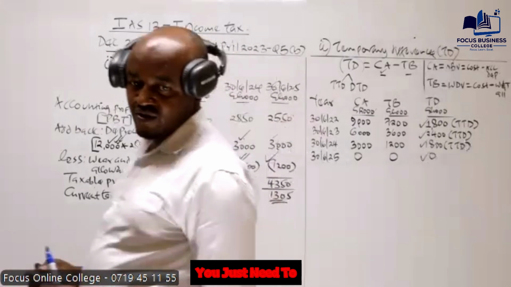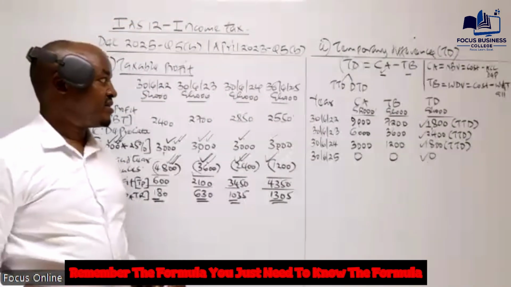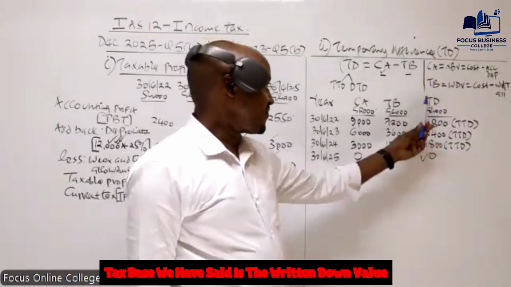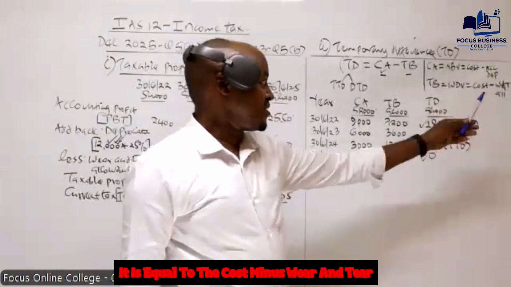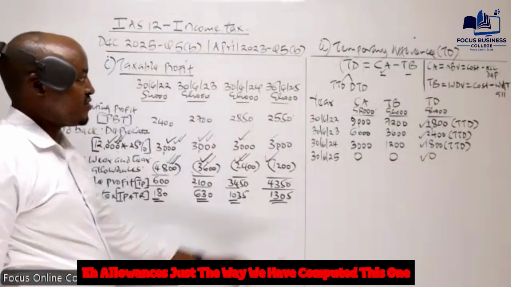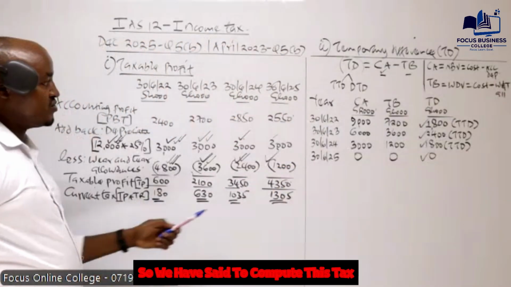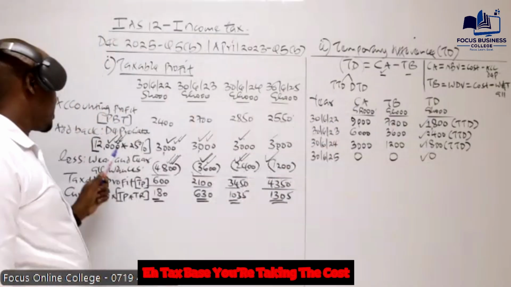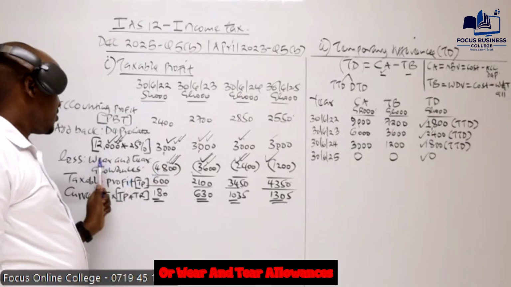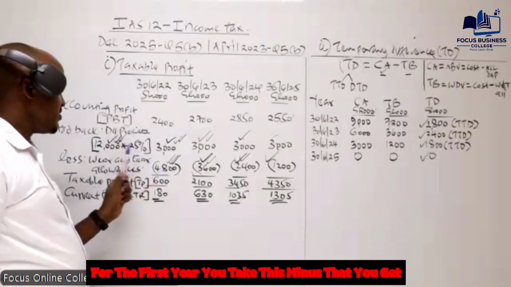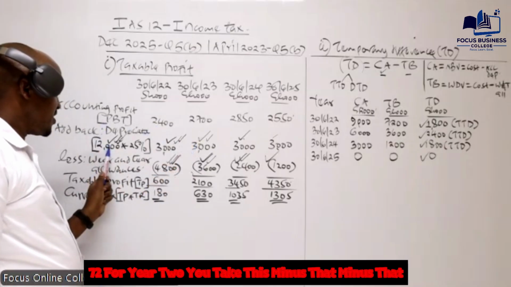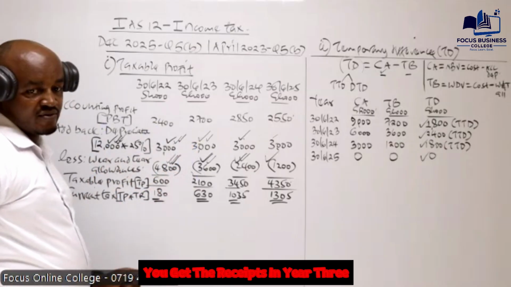Units, you just need to remember the formula. You just need to know the formula of computing the tax base. Tax base, we have said, is the written down value. It is equal to the cost minus wear and tear allowances. Just the way we have computed this one. You see these are wear and tear charges, or wear and tear allowances. For the first year, you take this minus that, you get 72. For year 2, you take this minus that, you get 36.